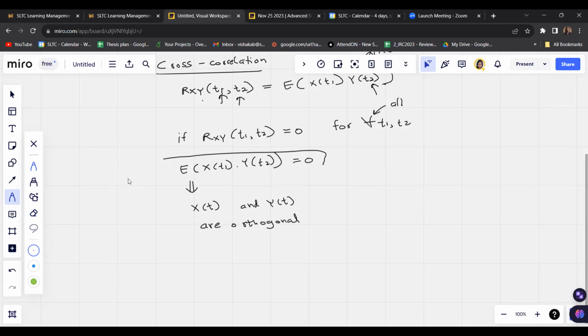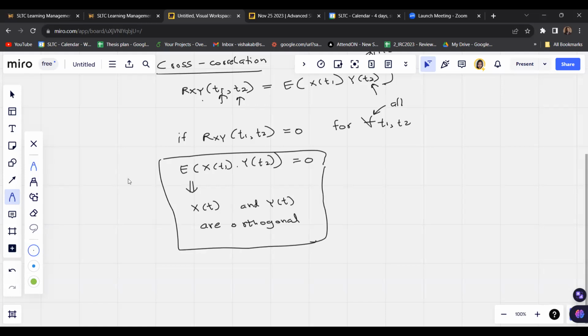So that orthogonality applies to all the time instances. Therefore we can generally write t here rather than writing t1, t2, something specific. We can write t as the common variable. So for any time instance, X(t) will be orthogonal with the Y(t) signal. That is with regard to orthogonal random processes, right?